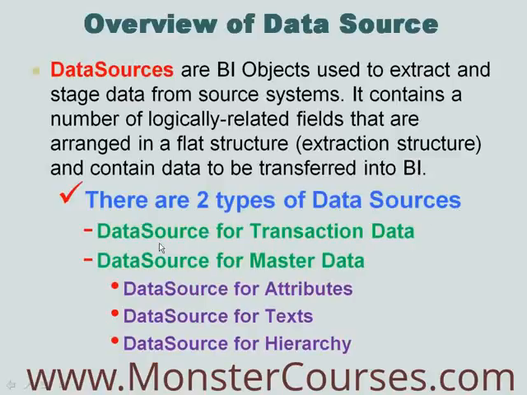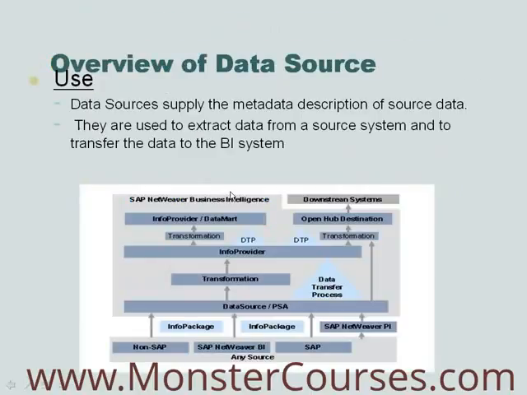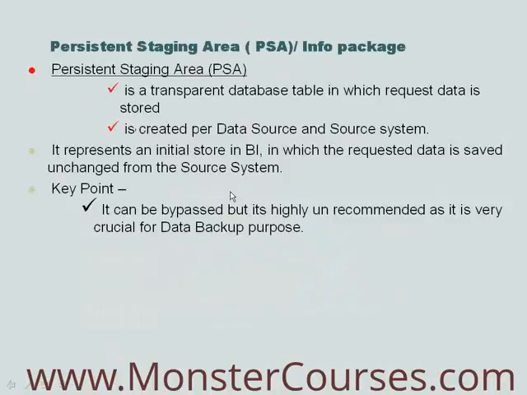There are two types of data sources: one is transaction data and the other is master data. This is exactly the data source. What about the PSA? Persistent staging area. PSA is a transparent database table in which the request data is stored.